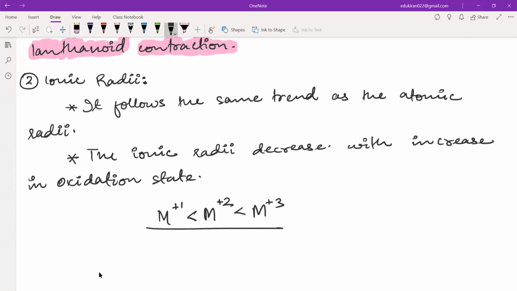The ionic radii decreases with the increase in oxidation state, because if you are decreasing the number of electrons, there is less electron that has to be attracted. So the attraction from the nucleus is going to be more and more effective, and that is why the size shrinks.